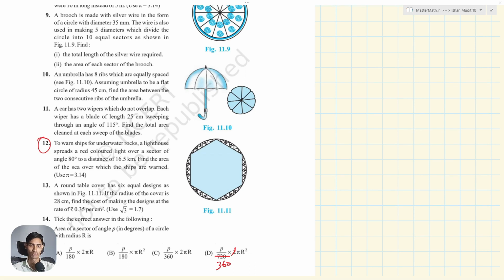So I did get the values, but I feel like I'm making a mistake in the calculation. What values are you getting? It would be 80 by 360 into pi 80 square.